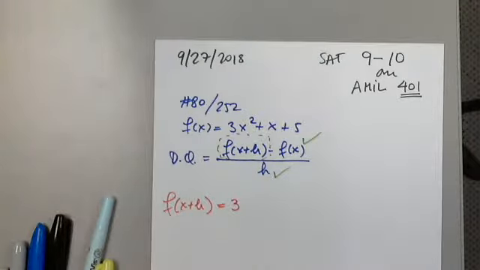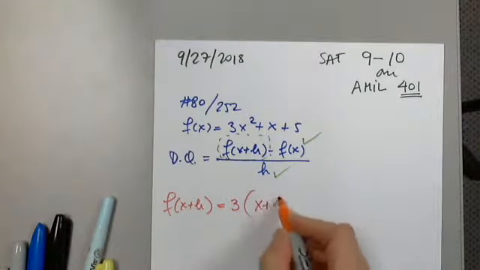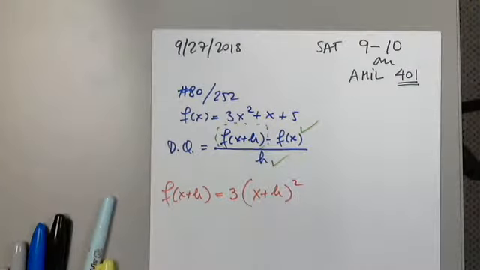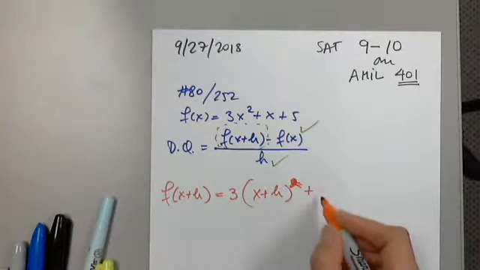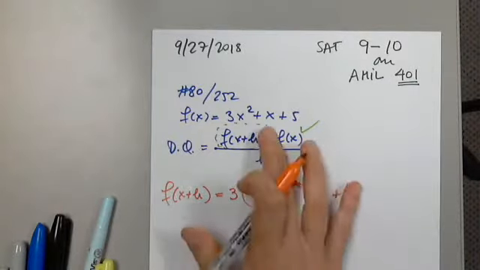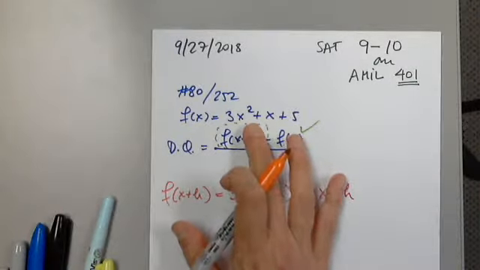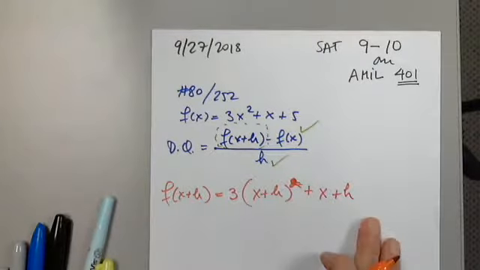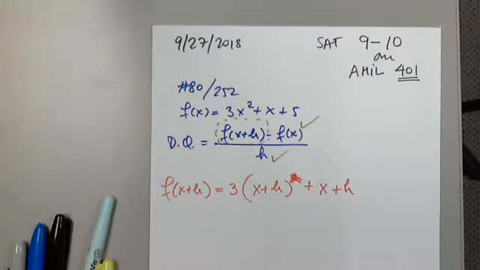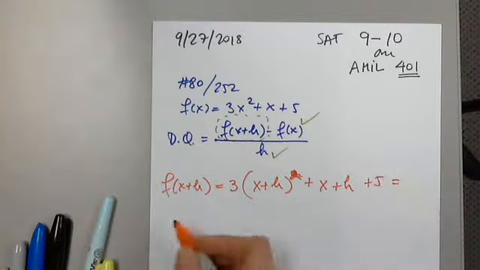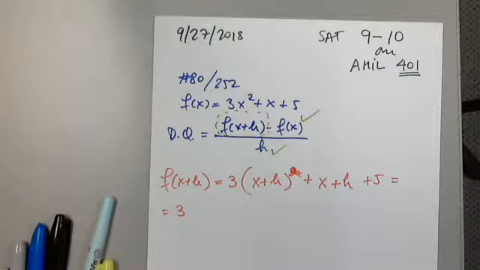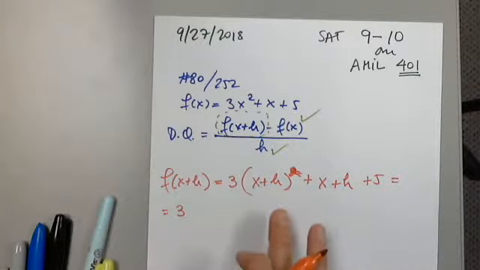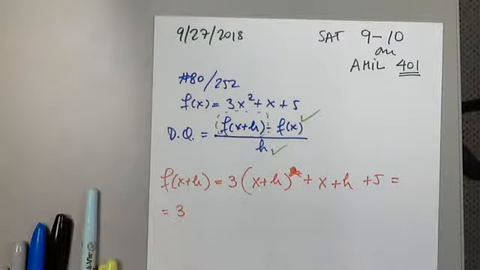Yes. Awesome. Very good. Perfect. Yes, in this case, because there is no number in front, there is no negative sign, I can write it without parentheses, or with parentheses, it's the same thing. So far, so good. And now, remember, we cannot distribute 3. We must square first. So what do I get when I square x plus h?